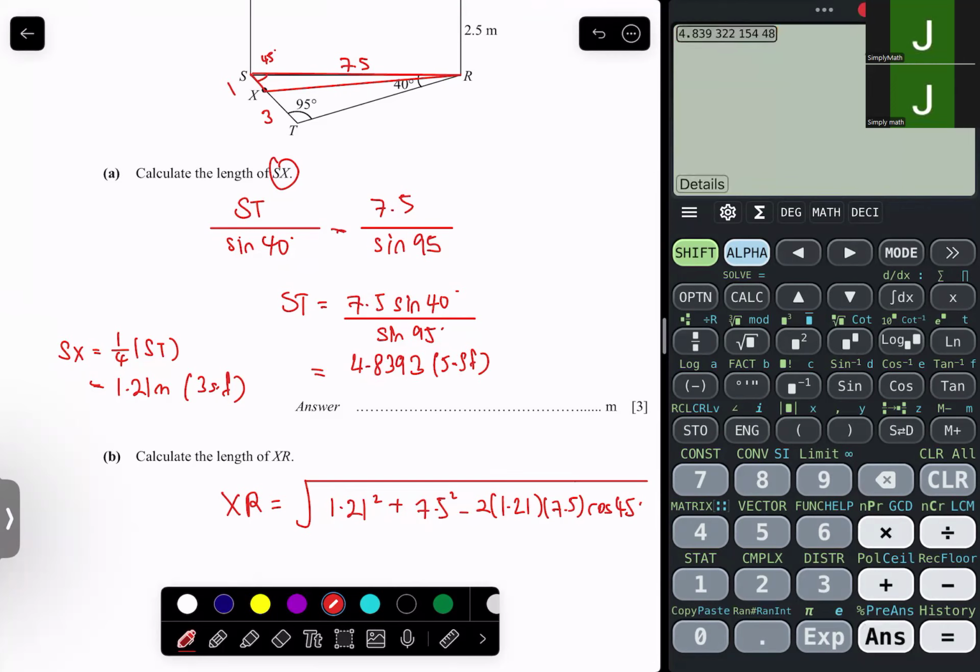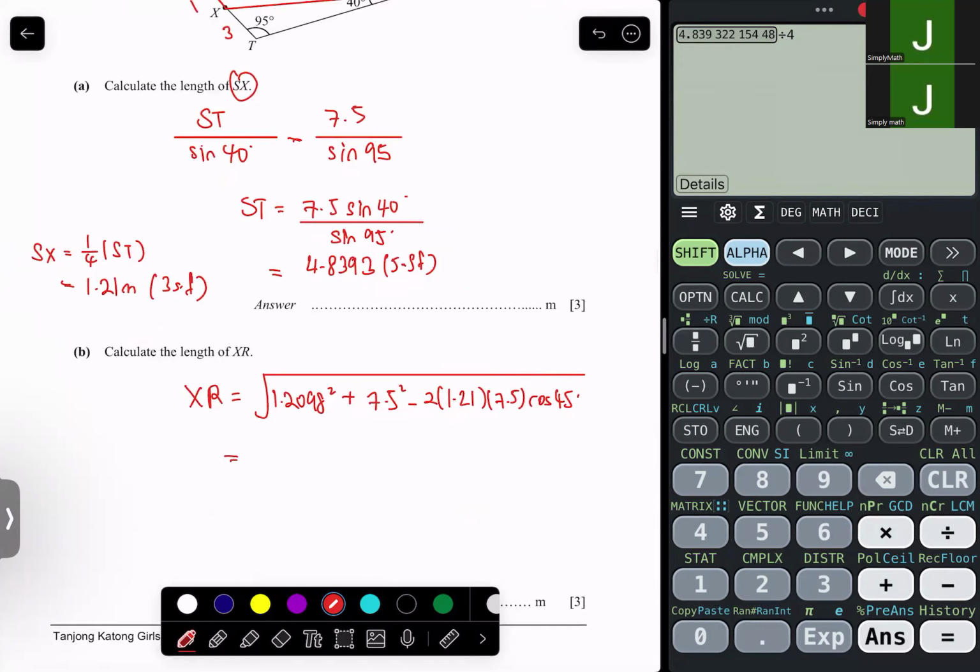Let's change this a little bit: 1.2098, 5 significant figures. So XR equals the square root of 1.2098 squared plus 7.5 squared minus 2 times 1.2098 times 7.5 cosine 45.